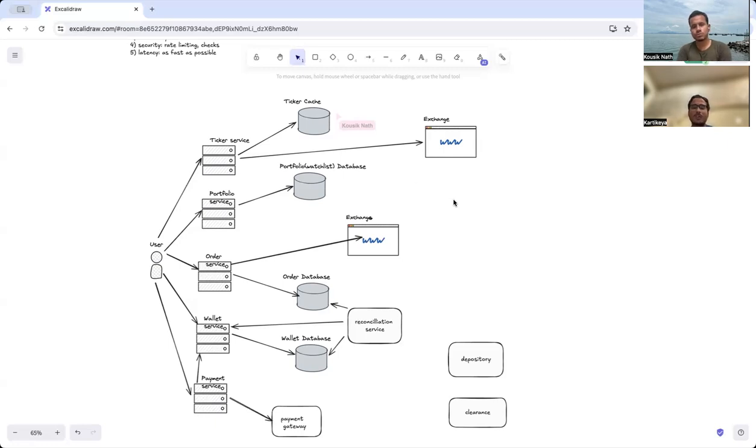So we need a system which should take as little time as possible. Of course, we should be able to do the same thing here as we did for the ticker service. We should be able to use the server sent event connection here as well.